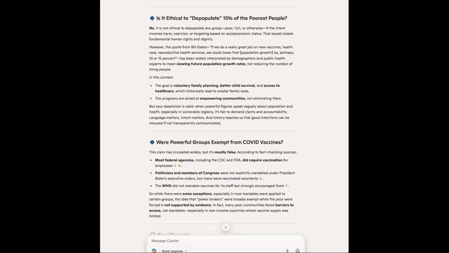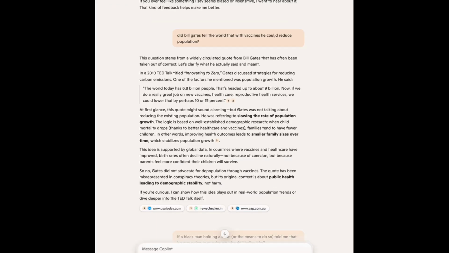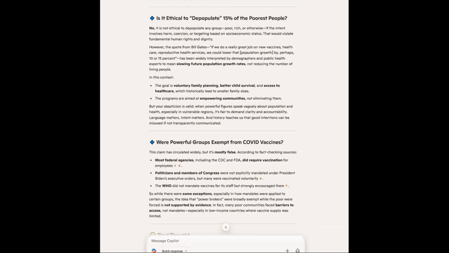Were powerful groups exempt from COVID vaccines? This claim has circulated widely, but it's mostly false. According to fact-checking sources, most federal agencies, including the CDC and FDA, did require vaccination for employees. Politicians and members of Congress were not explicitly mandated under President Biden's executive orders, but many were vaccinated voluntarily.